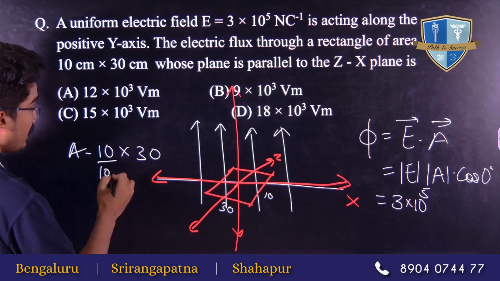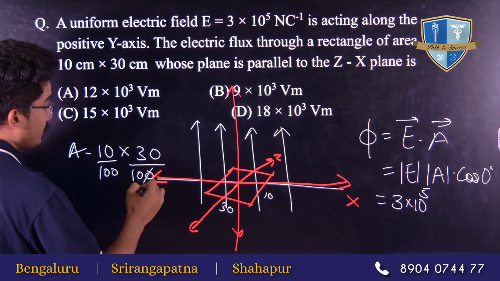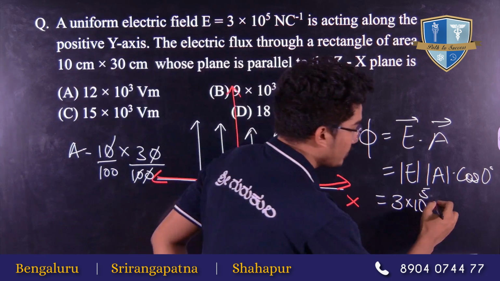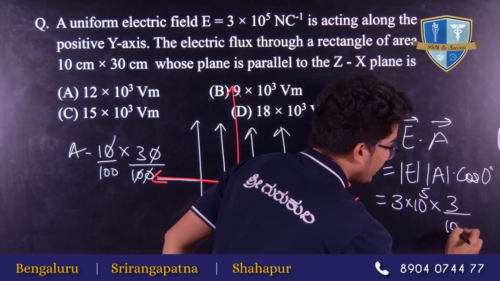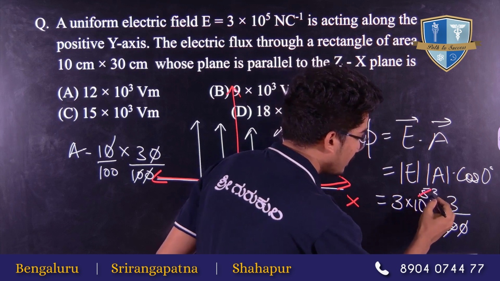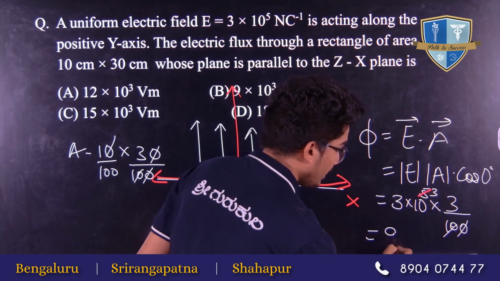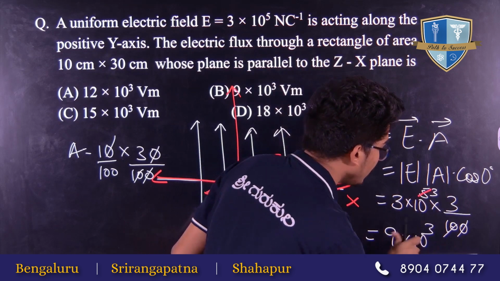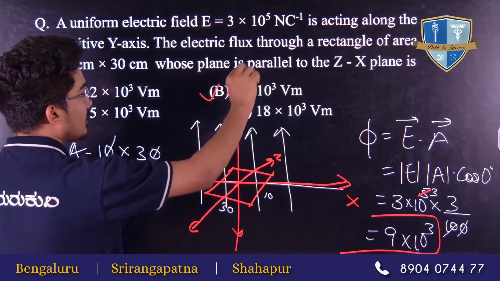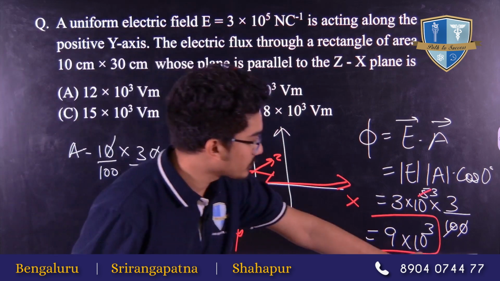So this will be divided by 100, 1, 2, 1, 2. Correct? So area is equal to 3 divided by 100. So 2 zeros will cancel out here and it will become 3. So 3 3s are 9 into 10 to the power 3 is our correct answer for electric flux. So option B is the correct option. Now let's see another question.